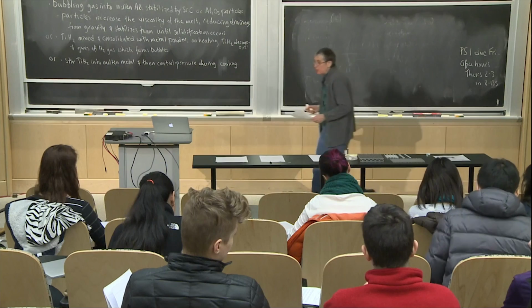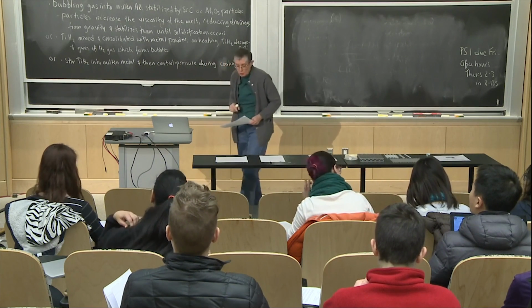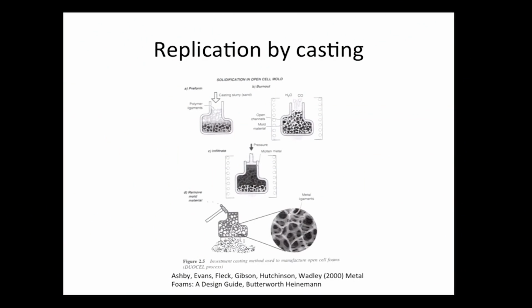Okay, here's another method for the metal foams. This one involves replication. So in this method, you start out with an open-celled polymer foam. In this step up here, there's an open-celled polymer foam. You fill that with sand. So you fill up all the open parts of the cells with sand. Then you burn off the polymer, and so you've got little channels where the polymer used to be, and then you infiltrate those channels with the molten metal that you want to use.